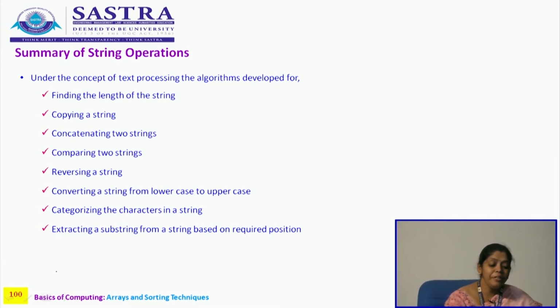So here is a summary of string operations. Under the concept of text processing, we have developed the algorithms for finding the length of the string, copying a string, concatenating two strings together, comparing two strings for equality, reversing a string, and converting a string from lowercase to uppercase as well as uppercase to lowercase, and categorizing the string's characters in terms of vowel, consonant, digit and special characters.